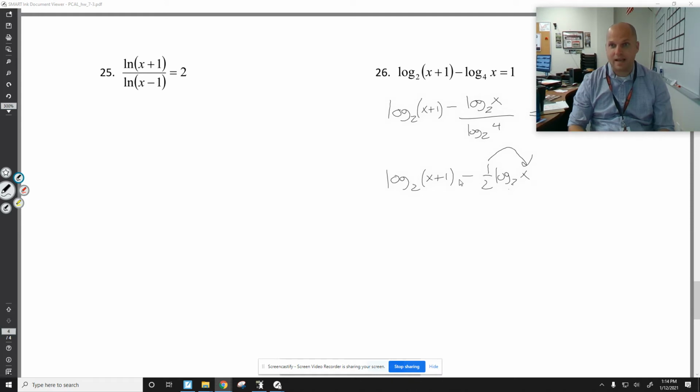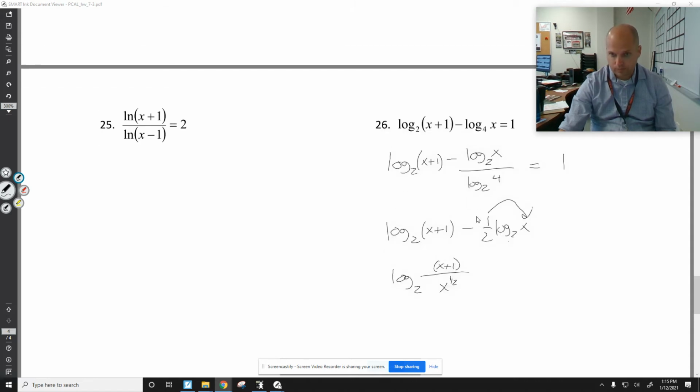And why don't I combine the things by division using log base 2 of the left divided by the one on the right? So I'm going to do that. All of a sudden, I have log base 2 of x plus 1 over x to the 1 half, or the square root of x, that equals 1.